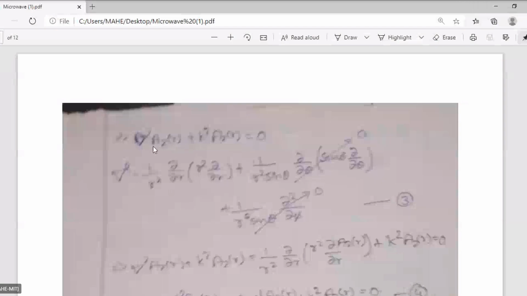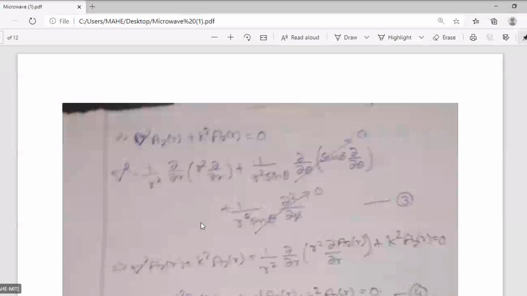So now we have del square Az of r plus k square Az of r is equal to 0. This is the vector wave equation in terms of A, or the vector wave equation in terms of magnetic vector potential. Okay, so del square is like this expansion. The derivative with respect to theta and phi is 0, because Az is not a function of theta and phi. Az is a function of only r.